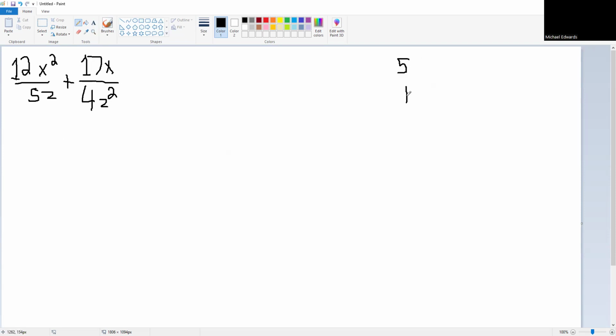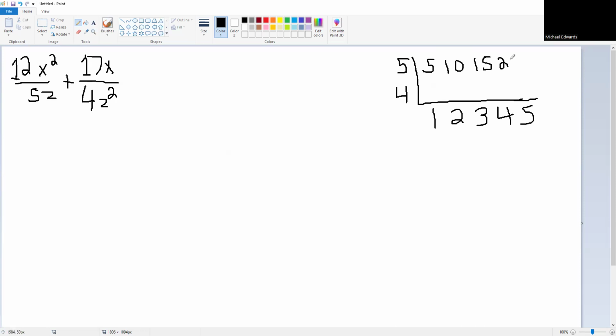Here's 5, here's 4, 1, 2, 3, 4. I don't know if we need to go further than that. We'll find out. 5 times 1 is 5. 5 times 2 is 10. 5 times 3 is 15. 5 times 4 is 20.